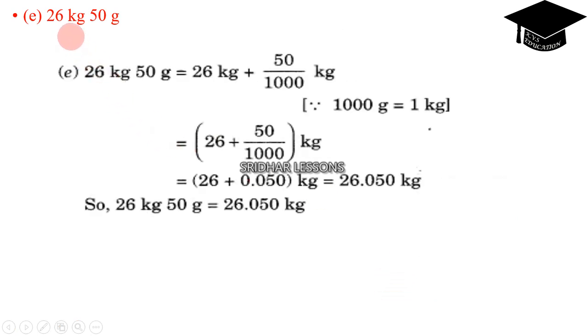Next, 26 kgs 50 grams. 26 plus 50 by 1000, that means 26 plus 0.050 kilograms, which is equal to 26.050 kilograms.